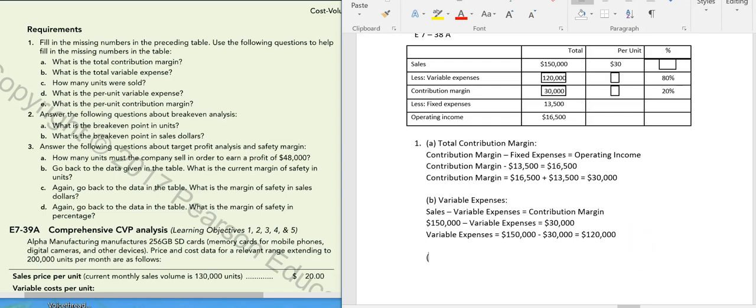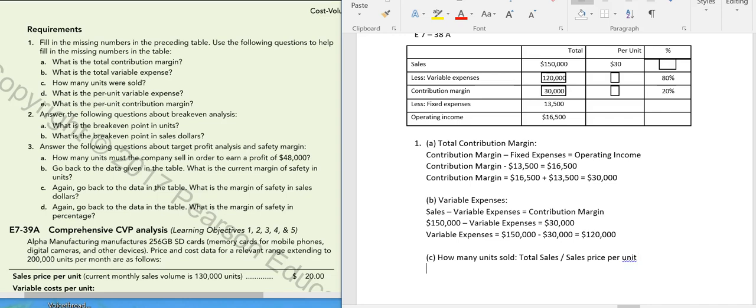So now number C is how many units were sold. So we know this is the total sales price, right? So it's actually total sales divided by sales price per unit, right? And if you divide these two, you'll find how many units they actually sold.